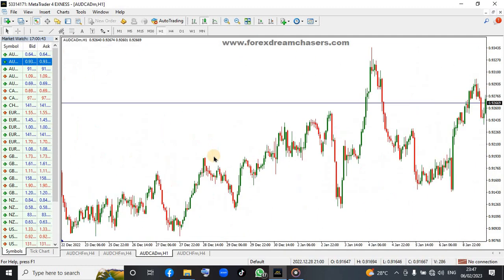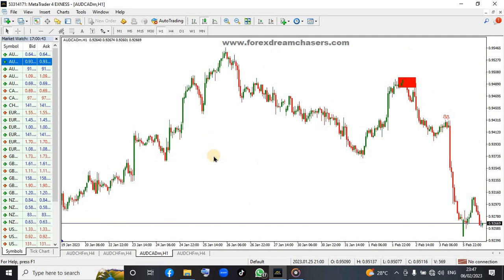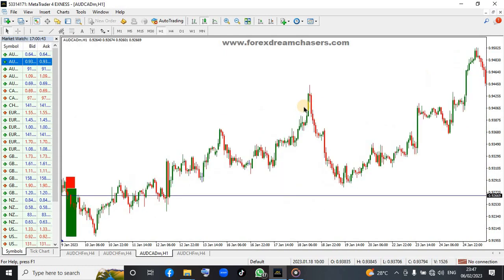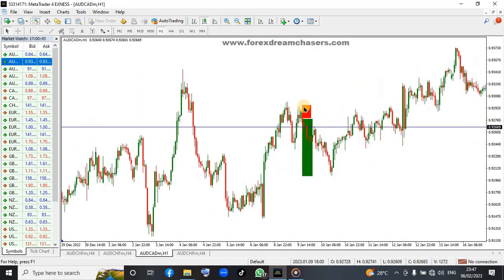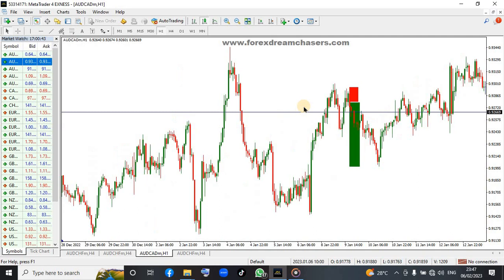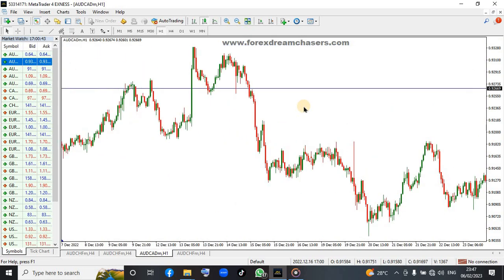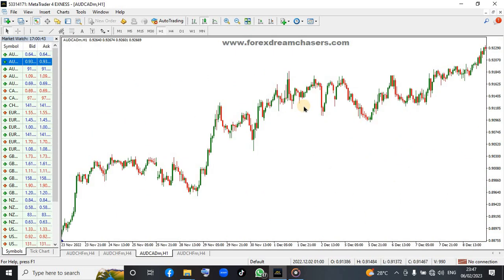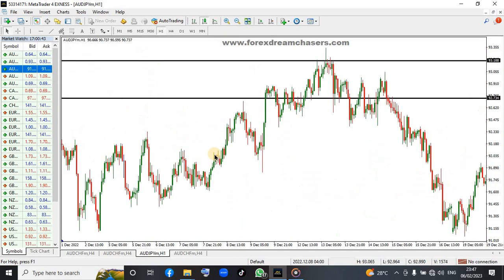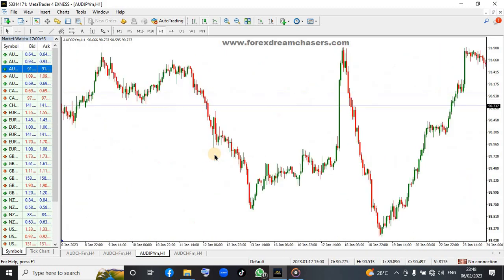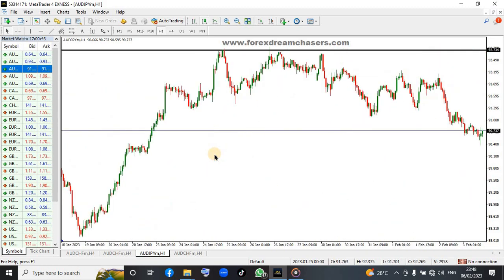Let's look for another one. Unfortunately, I don't get one here. I can't. The challenge is that I can't go back. That is why we can't see most of the breakouts.